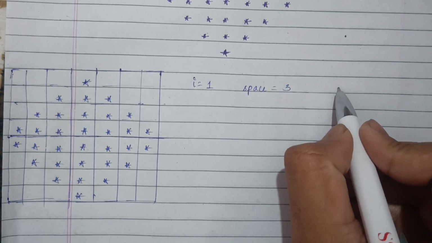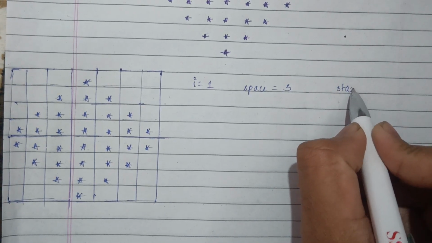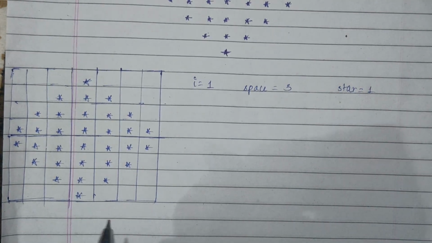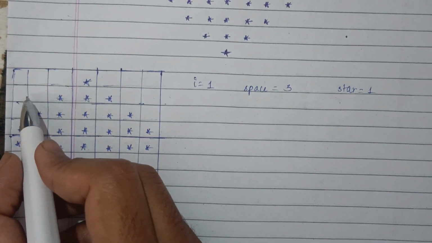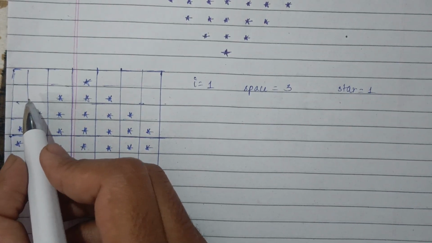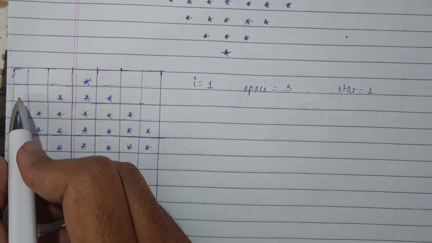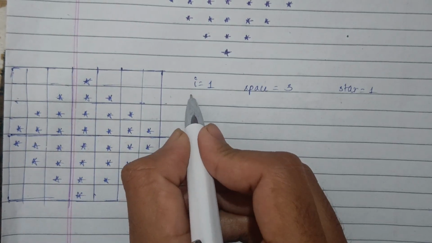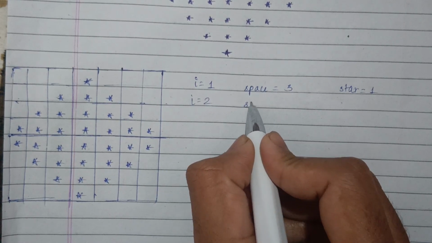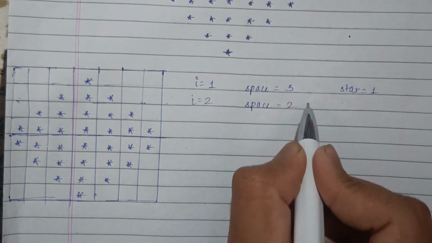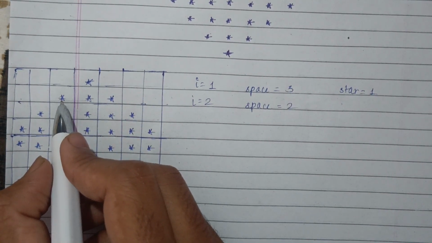There is one star. Now in line 2, how many spaces are there? There are two spaces, 1 and 2, and there are three stars, 1, 2, 3.